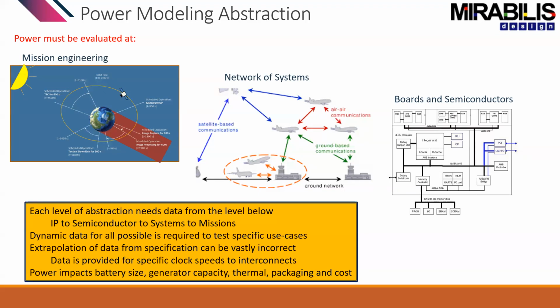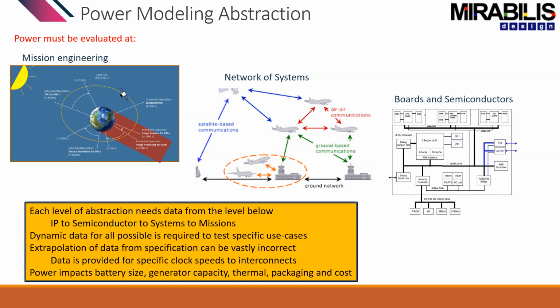You also want to be able to provide dynamic data for all the different use cases. The user of a particular device or IP should not have to go to the data sheet and say, okay, I've got information for 200 megahertz with 8-bit data, but I might want the same thing running at, say, 800 megahertz with 32 bytes of data, and I want to be able to get accurate power. I don't want to just extrapolate the information from a data sheet and plug that into my model.